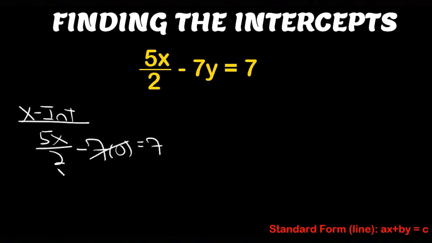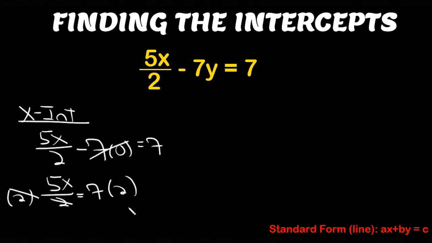Okay, this is gone. I'm left with 5x all over 2 equal to 7. My next step, well, what do I have to do here? Remember, the goal is to isolate x, meaning I'm going to have to get it to the point where I just have x. Okay? So how do I do that? Well, I have to get rid of 2. And this operation here is division. The opposite of division is multiplication. So I'm going to multiply both sides by 2, okay? Cancels, cancels.